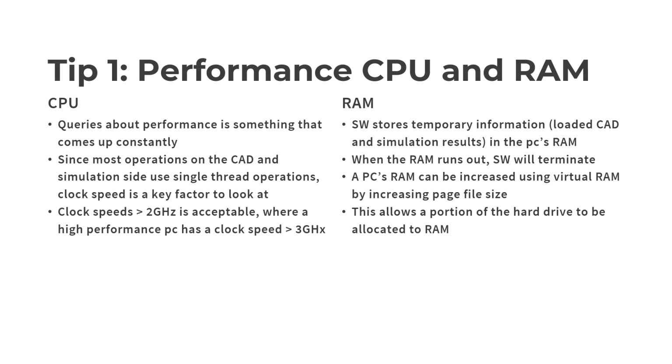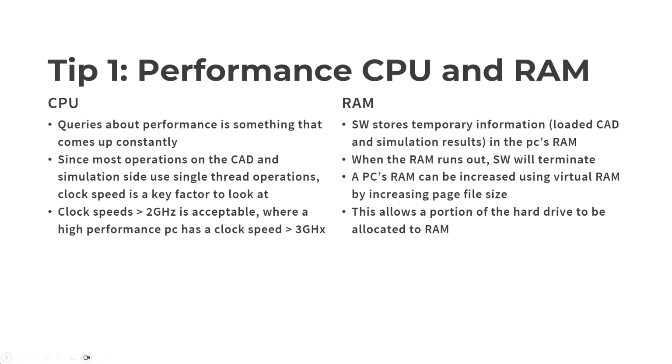Okay. So this is just a quick explanation on the performance, the CPU side and the RAM side when it comes to simulation. It also goes to the CAD side as well, but mostly focused on simulation. On the CPU side within SOLIDWORKS, most of our operations depend on a single core. So when we look at a single core for performance, we're going to look at our clock speed.